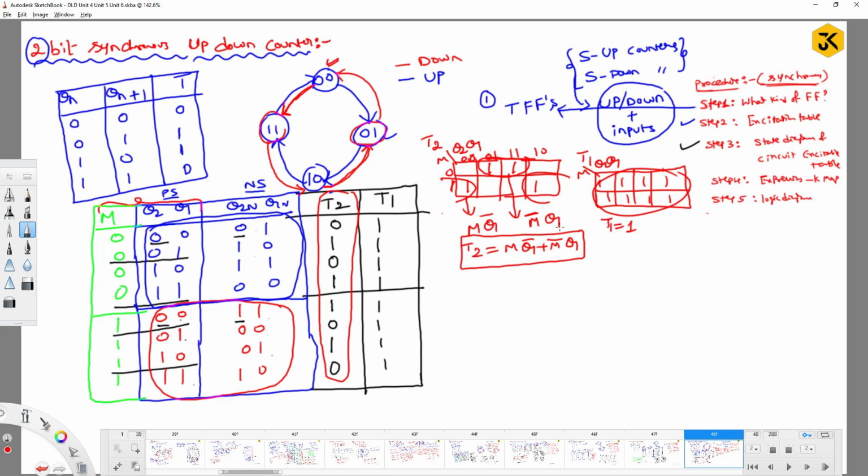Yes. Now once we have got the expressions, can we write the logic diagram for this? Yes. So what we can do, simply take two T flip-flops and connect them with the same clock.